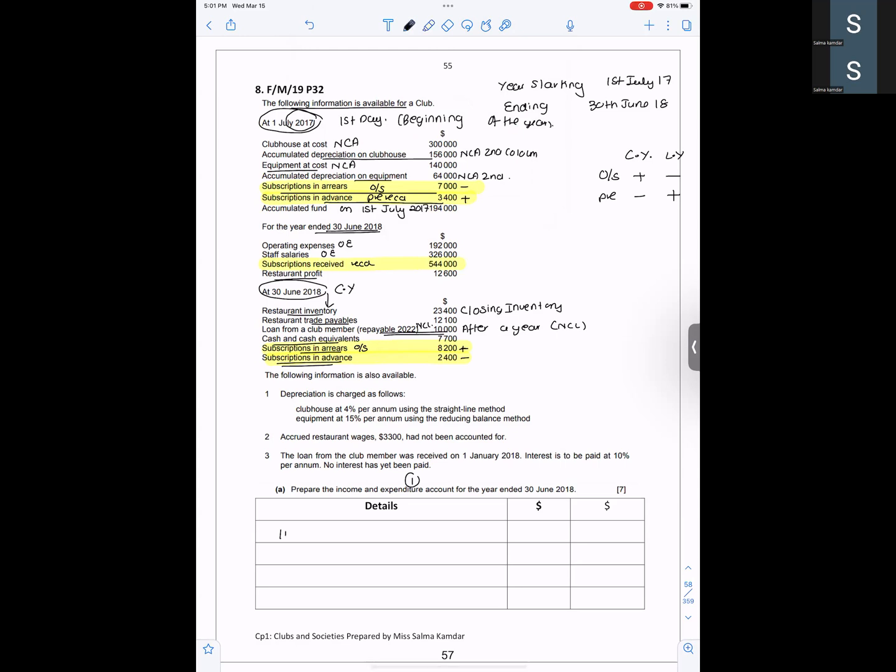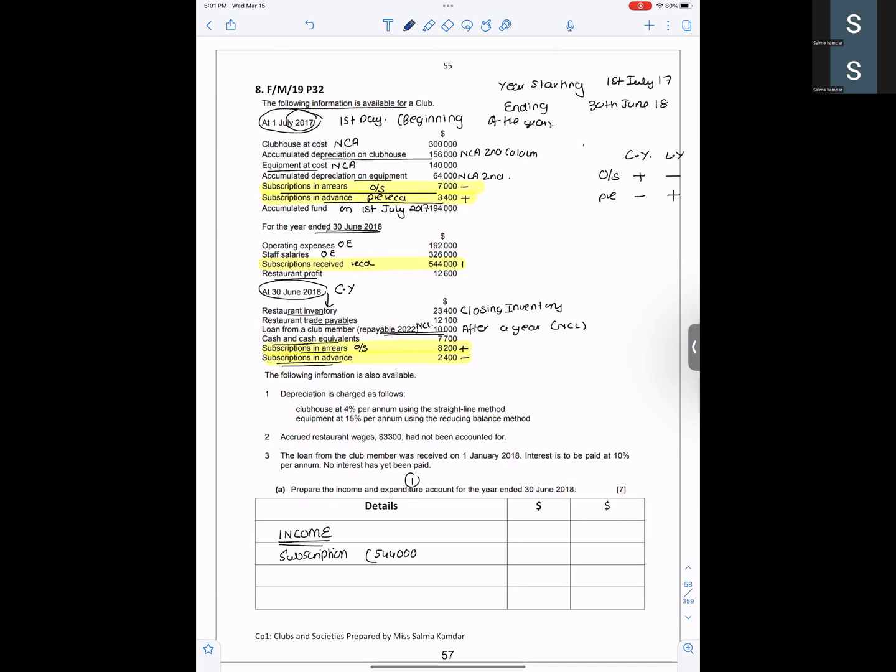So first we write our income, and our first income would always be subscription. What is the subscription that we have received? 544,000. We've already done the effects of subscription here. This is at the beginning of the year. This is at the end of the year.